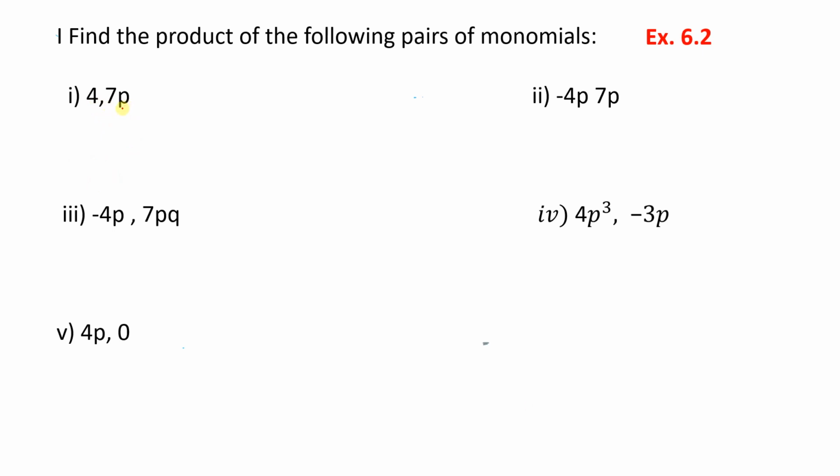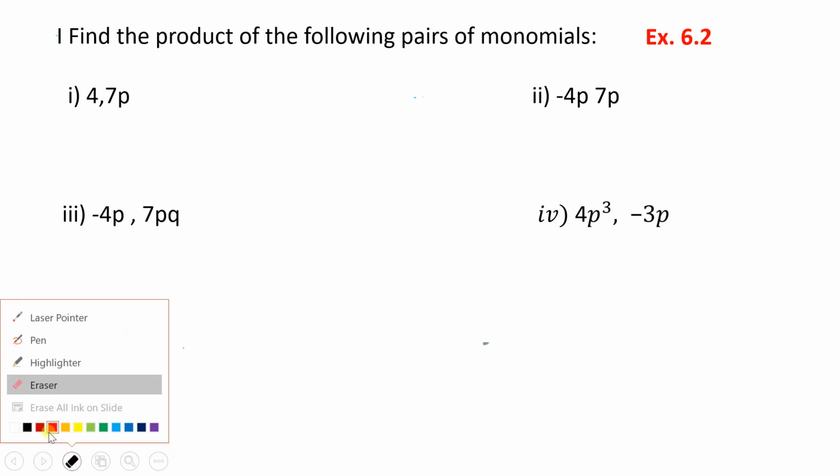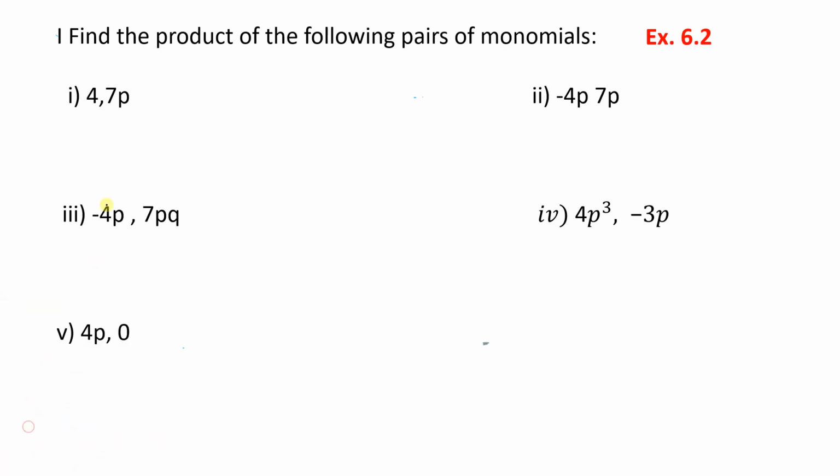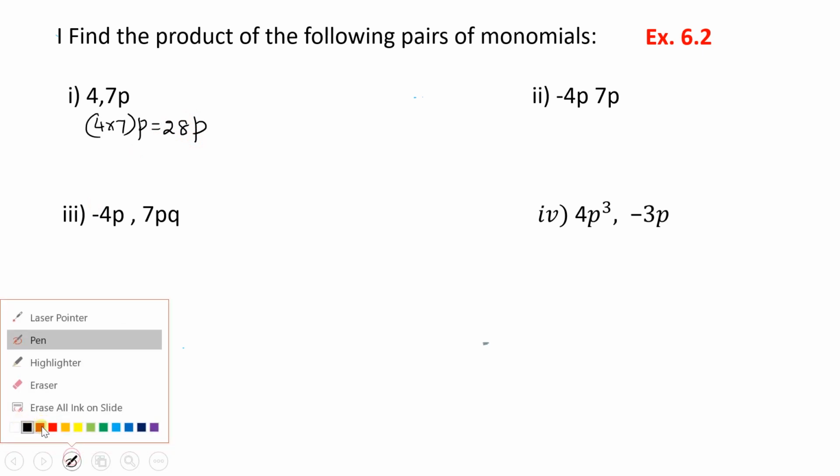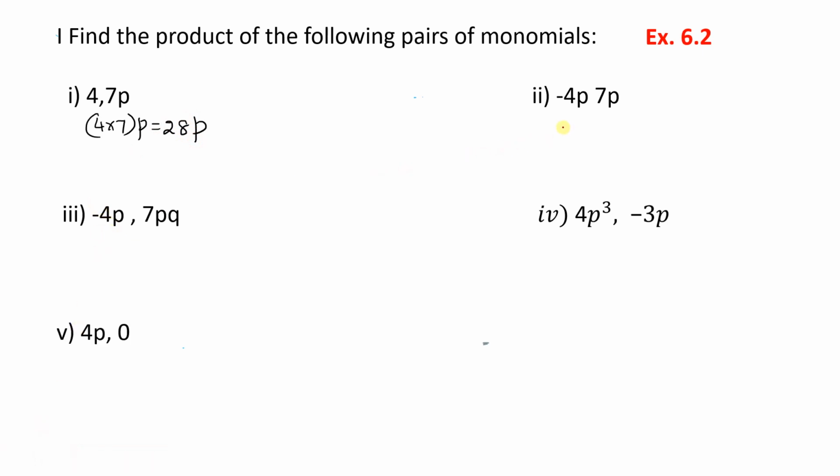Here 4 and 7p. You need to multiply 4 and 7. It is 4 into 7 into p, which is 28p. Then you need to multiply minus 4p and 7p.